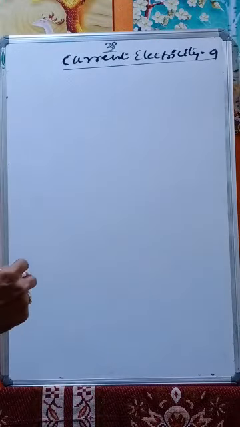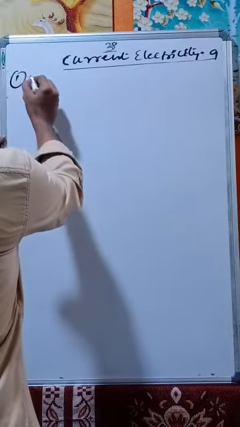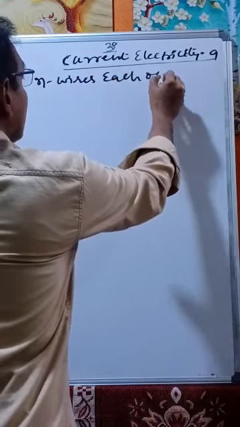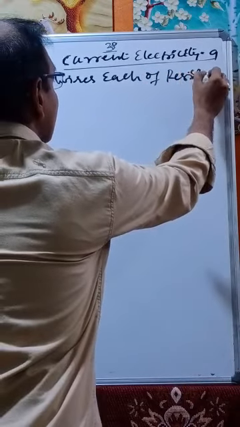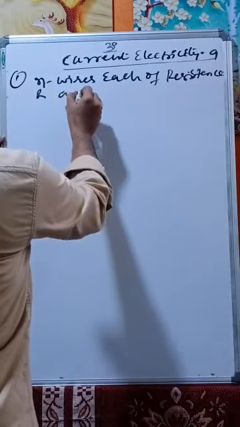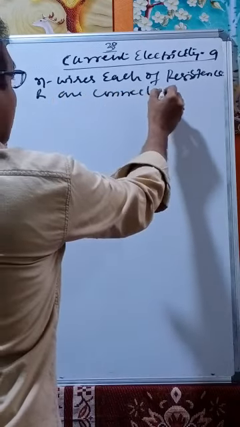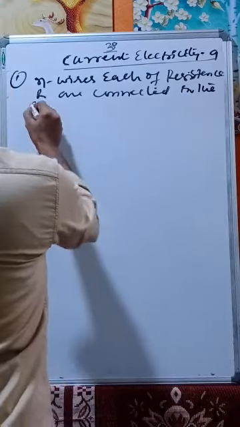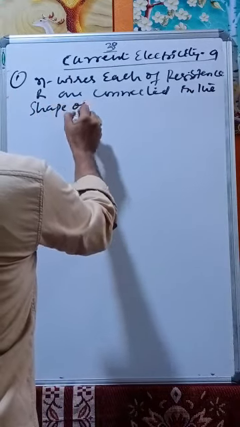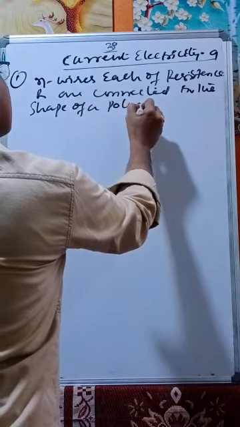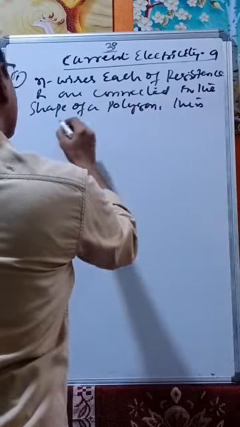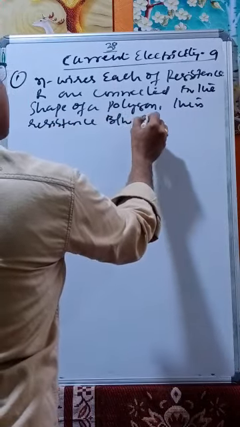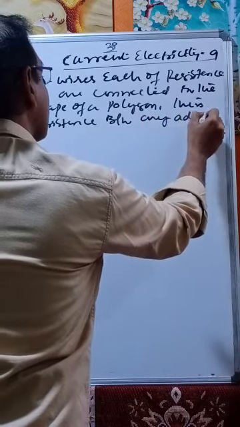Now, if n wires, each of resistance R, are connected in the shape of a polygon, then what is the resistance between any adjacent corners?